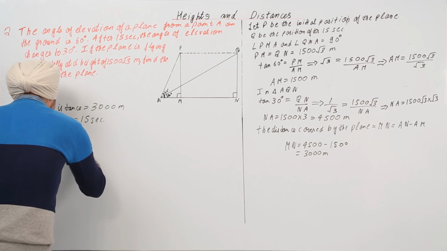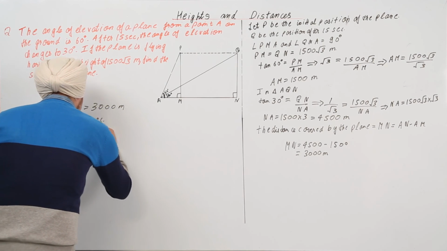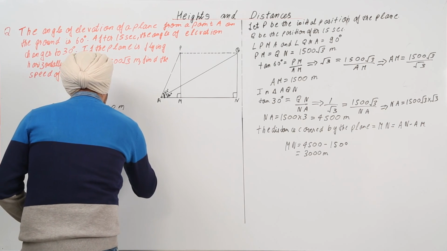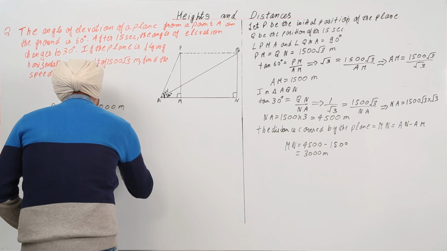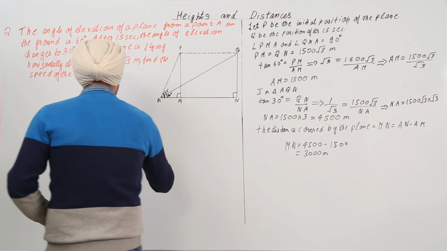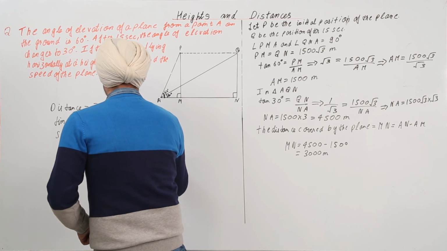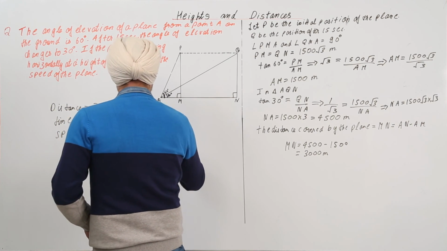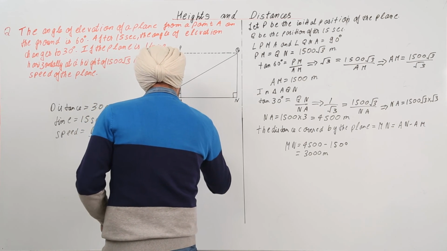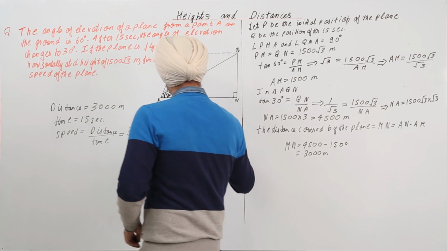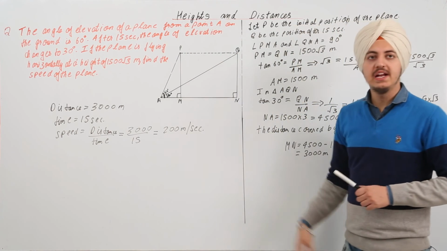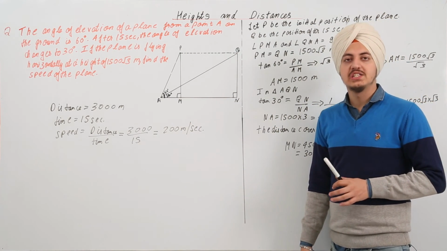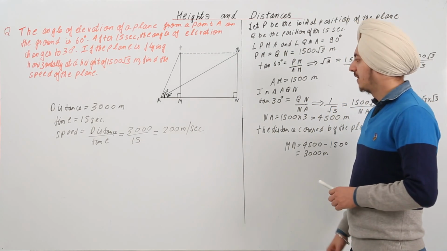So the speed is equal to distance upon time, that is equal to 3000 upon 15, which is equal to 200 meters per second. So the speed at which the plane is moving is equal to 200 meters per second.